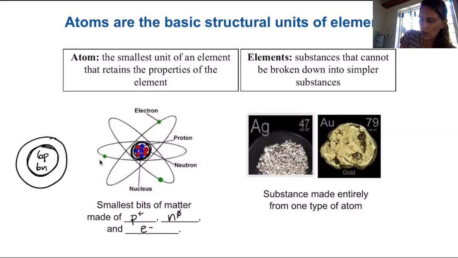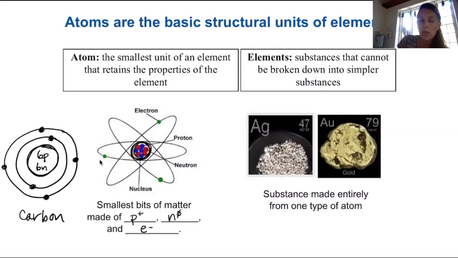Here's the first shell. That's going to have 2 electrons. And then the second shell is going to have, for this example, 4 electrons. 1, 2, 3, 4. And we just drew the carbon atom, which is really important for all our biological molecules, which we're going to learn very soon.